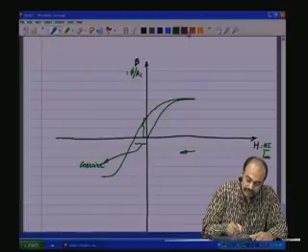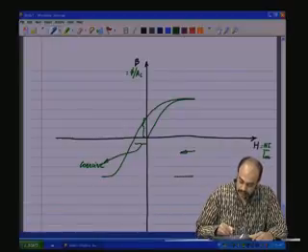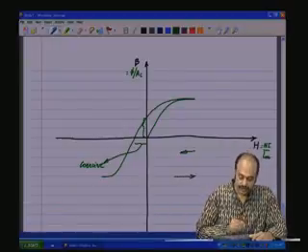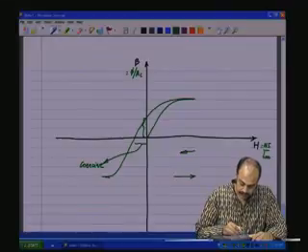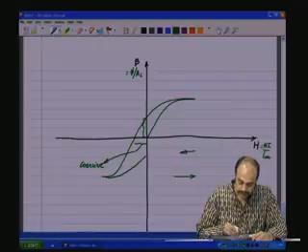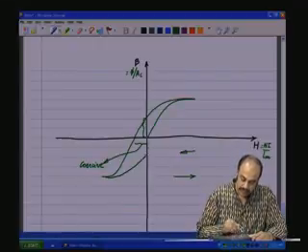Then when we bring back the field intensity again in the positive direction, this starts again exhibiting the hysteresis. There is a remnant flux when H is 0.